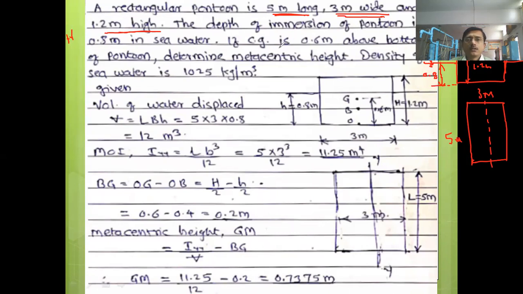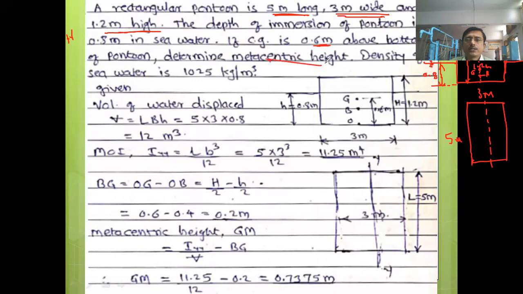Okay, if the CG is at Z, obviously for a rectangular object the CG will be at half the distance from the base, so it will be here at 0.6 meter. Okay, so that will be the point Z. You can write down the notation, and B will be somewhere here above the bottom of the pontoon.